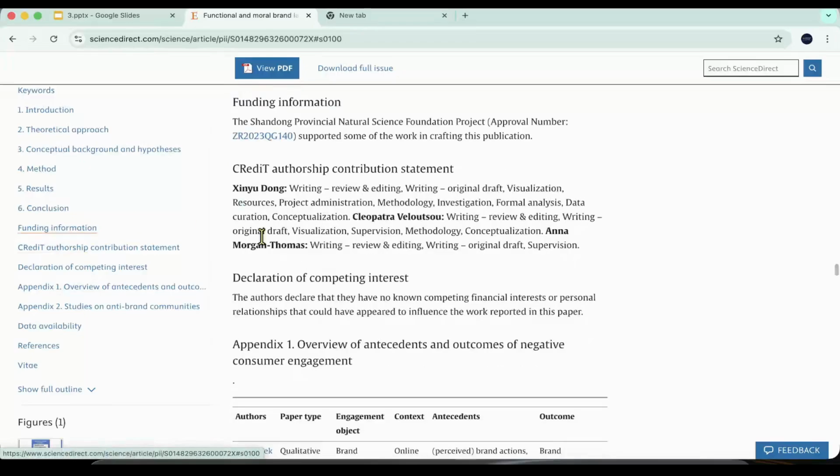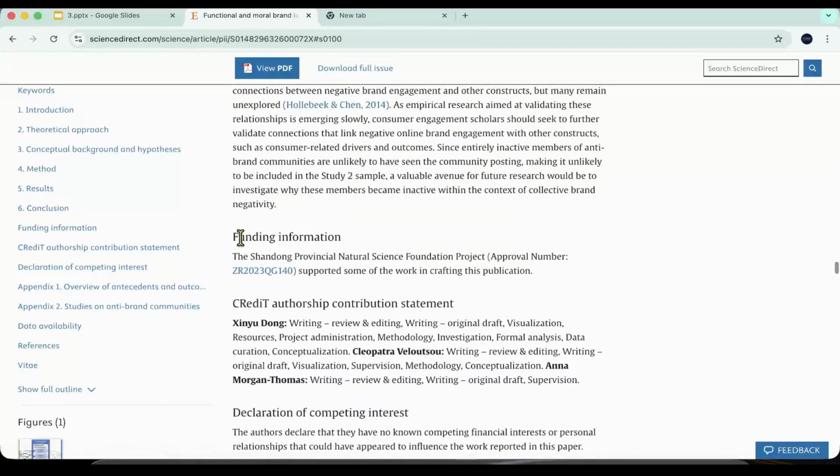Funding information, yes, this is also very, very important, everyone. Whenever we are writing a research article, we have to clearly indicate who has funded our research project. If no one funded your research, you have to give a statement, and there is a checklist while you submit on any platform, whether it's Elsevier, Emerald, Springer, Wiley, Taylor and Francis.